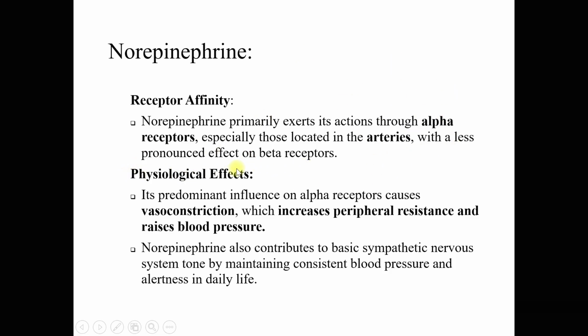The physiologic effect of norepinephrine is that its predominant influence on alpha receptors causes vasoconstriction, which increases the peripheral resistance and raises blood pressure. Norepinephrine also contributes to basic sympathetic nervous system tone by maintaining consistent blood pressure and alertness in daily life.